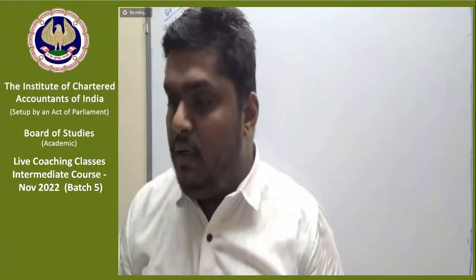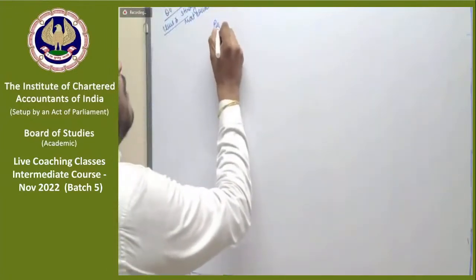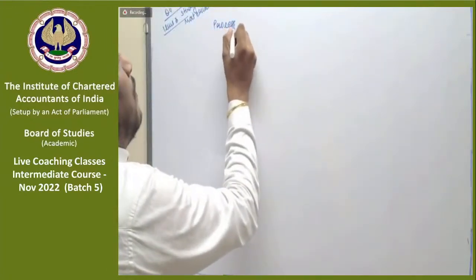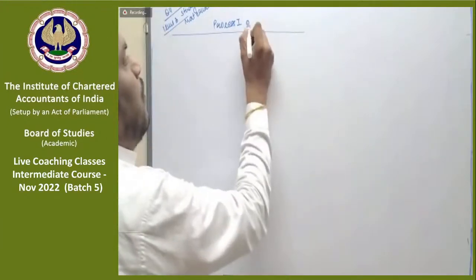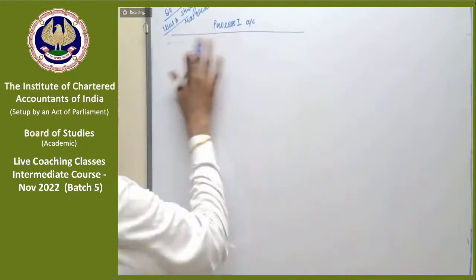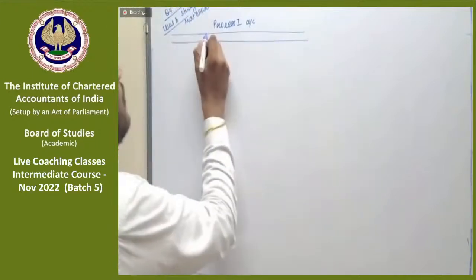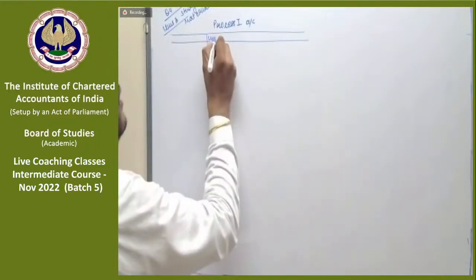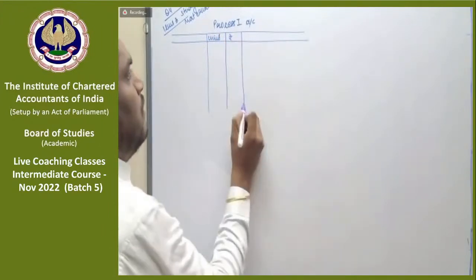So let's start with process first account. Units and amount.